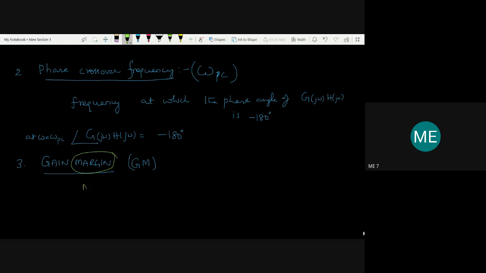It is the margin in what? It is in the gain, that is K, allowable by which gain can be increased, till the system reaches the verge of instability.